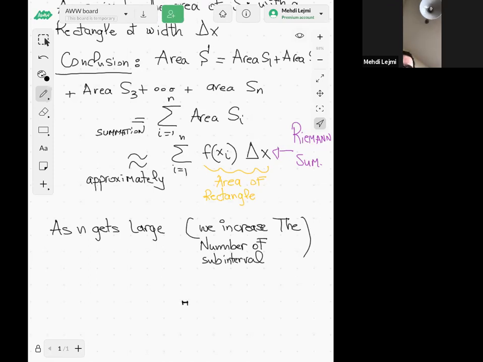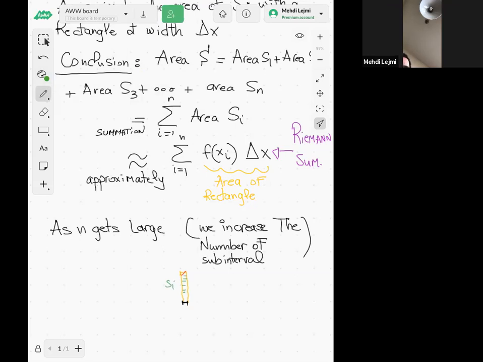The area of your rectangle would be very, very close to the area of your subregion Si. You can imagine, for example, this is your rectangle and this is your subregion Si.